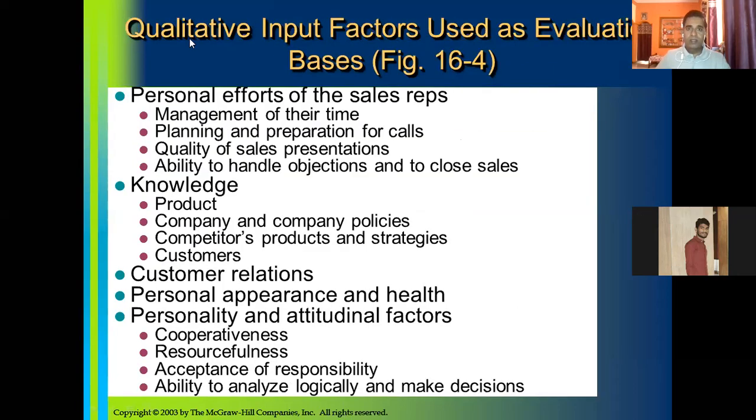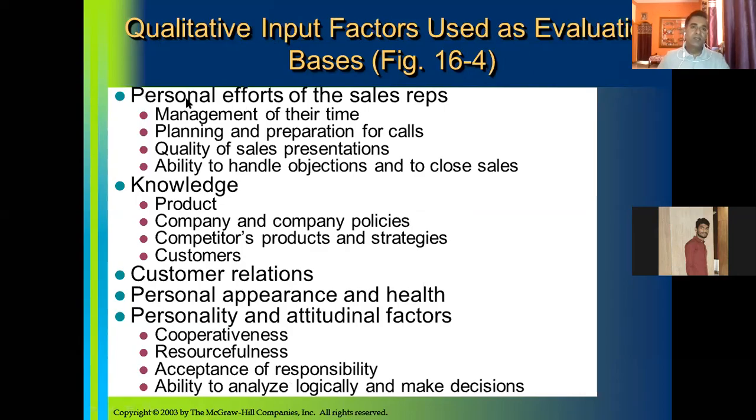Then there are input factors that are qualitative in nature, which cannot be quantified. For example, personal efforts cannot be quantified like sales calls per day. These qualitative input factors can be considered as evaluation basis of sales reps.